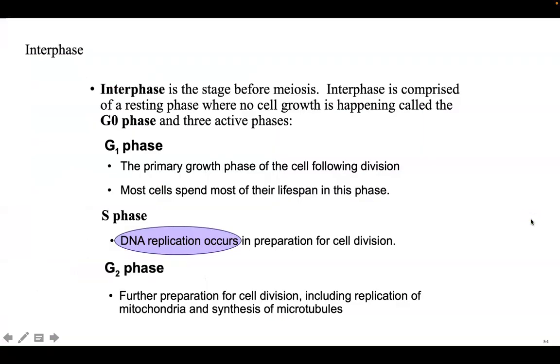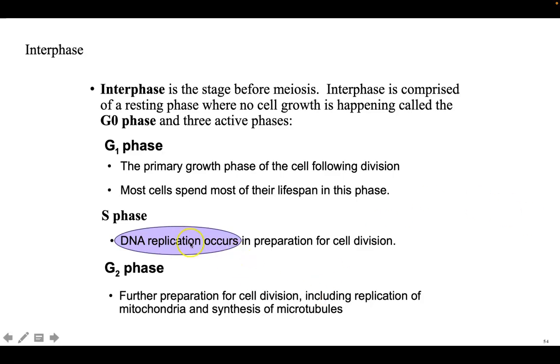So again, think about interphase. The steps remain the same if it's coming before meiosis. We have the G0 phase where no growth is happening, the G1 phase, which is the primary growth phase of the cell following division. Most cells spend most of their lifetime in the G1 phase. The S phase is when your DNA is replicating because you're preparing for cell division.